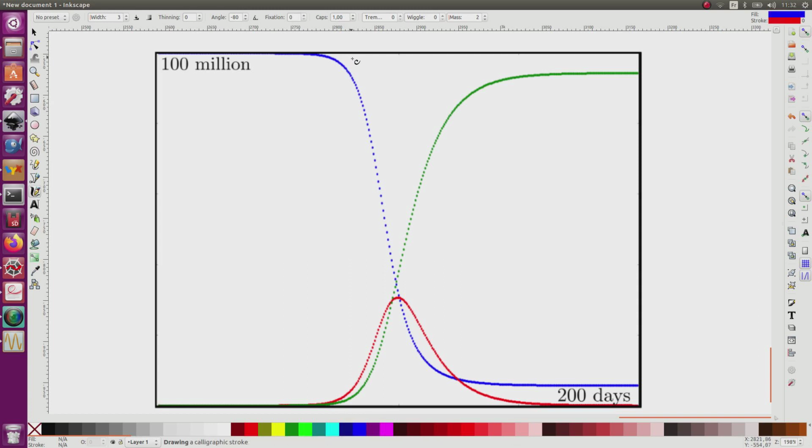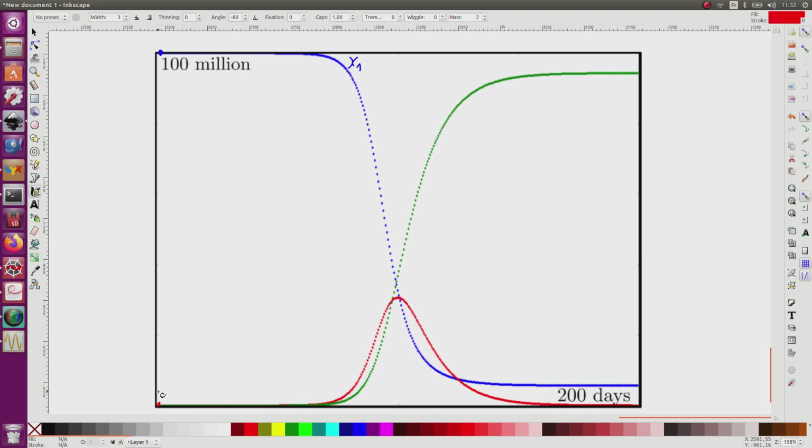So x1 is in blue. It means at the beginning, everybody is not yet infected except one, one among 1 million. The one who is infected is in red. So here one is infected. We cannot see it due to the scales.